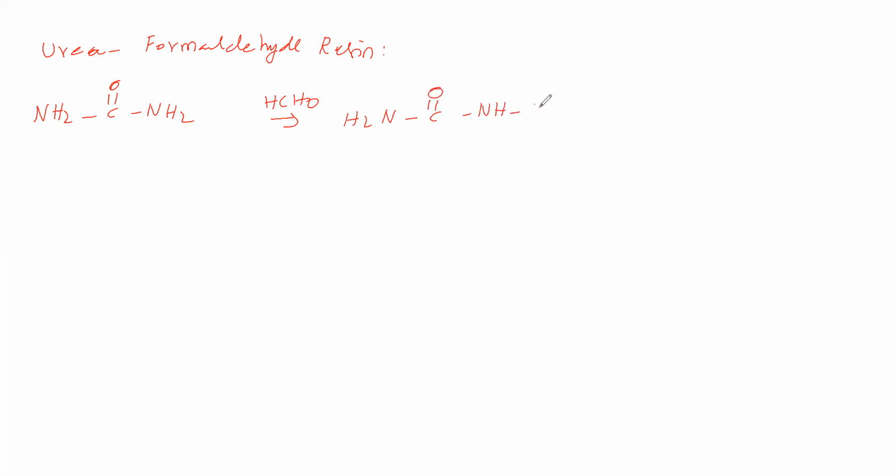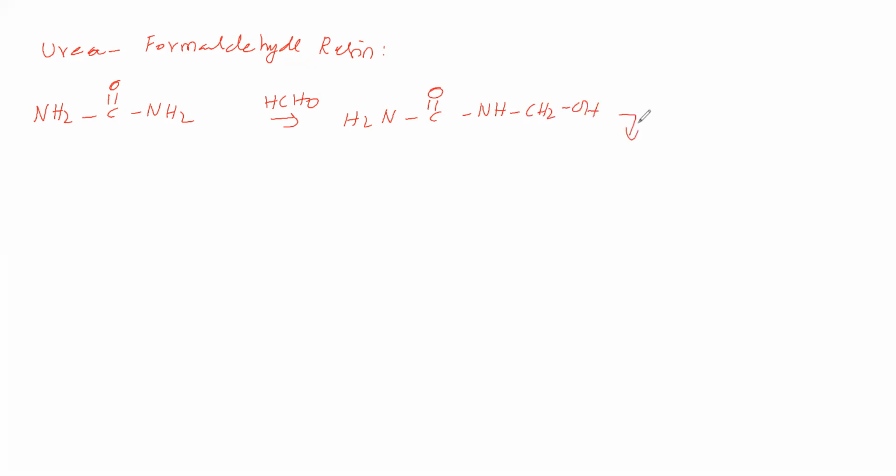Urea formaldehyde resin will take. We are taking urea, formula NH2CO NH2. It is treated with formaldehyde. So we are getting NH2CO NHCH2OH.